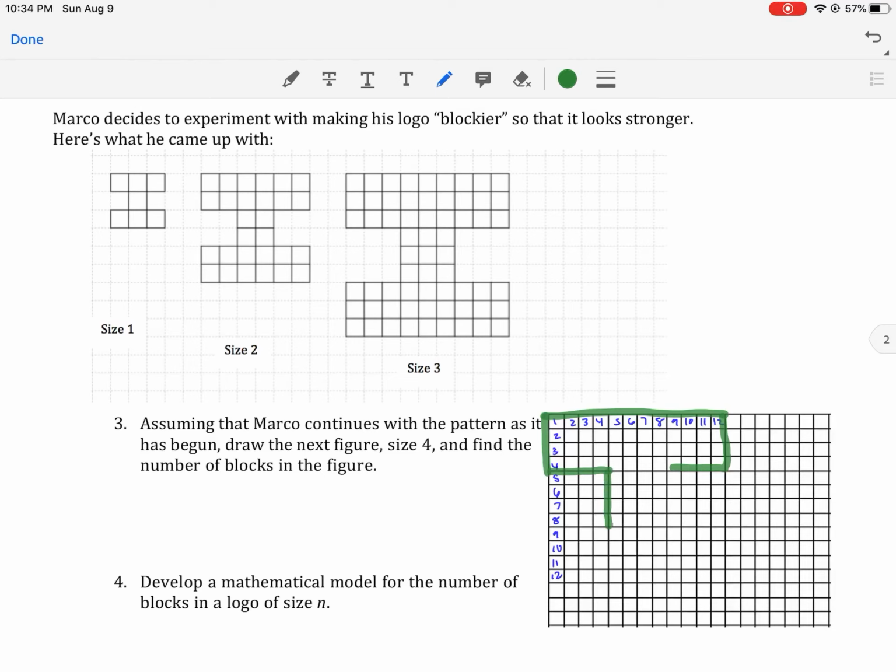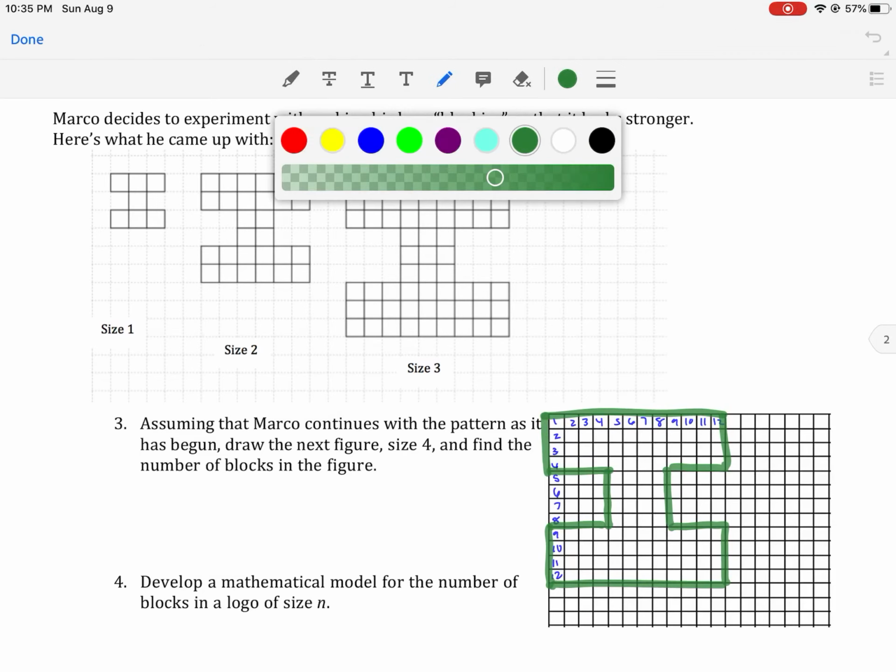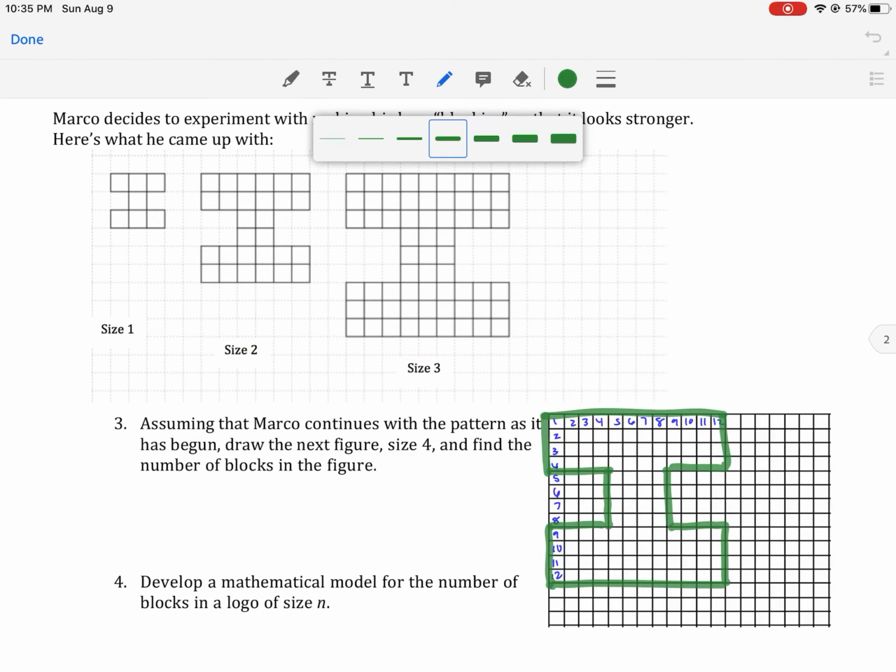Comes down 4, and then the bottom is a mimic of what you see on the top. So the eye looks something like that. And whether you counted it out or you came up with some shortcut, there should be 112 blocks.